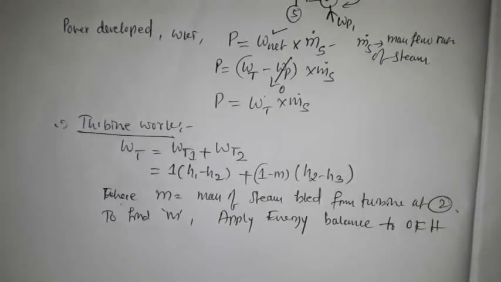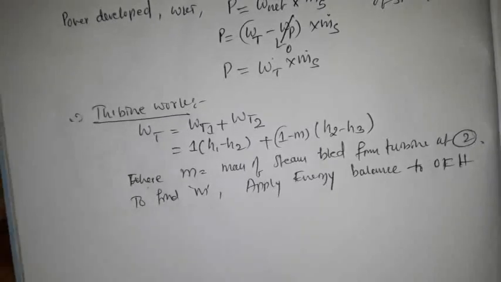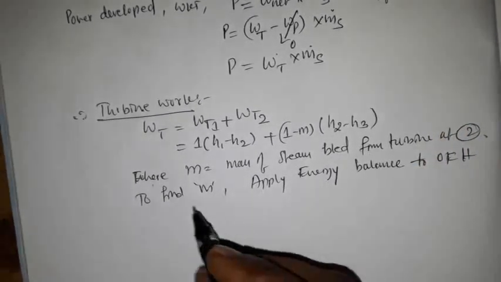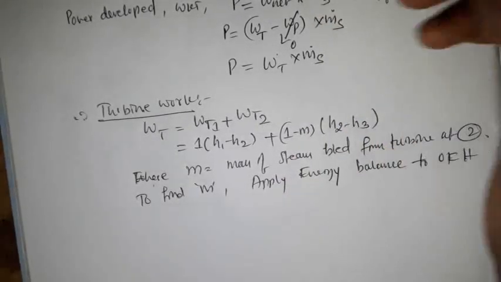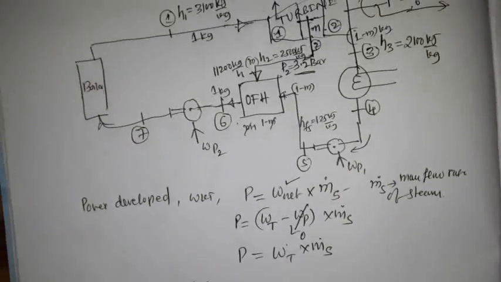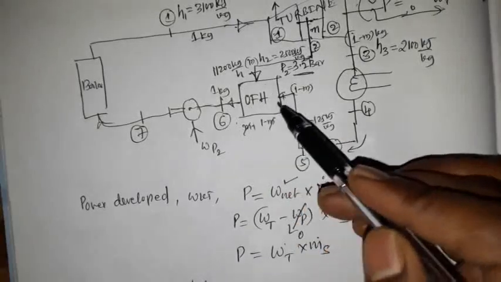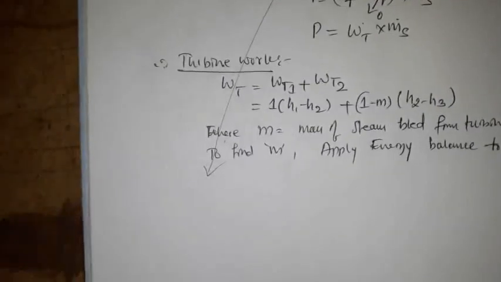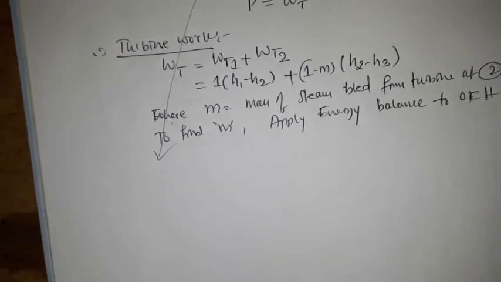So here, to find the mass m, I will separate the open feed water heater from this schematic diagram and redraw it for our better understanding.